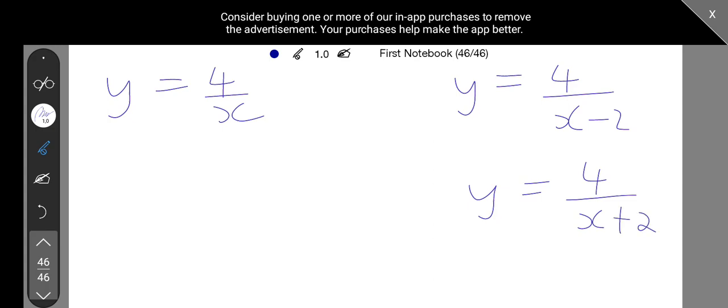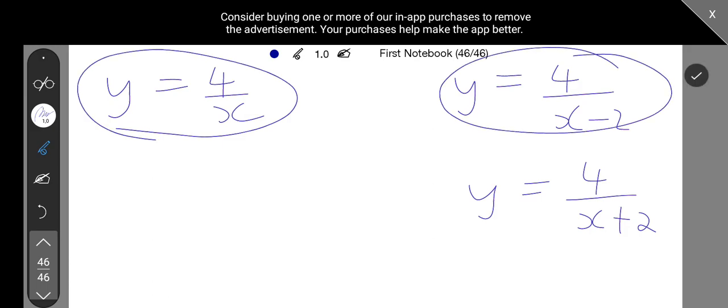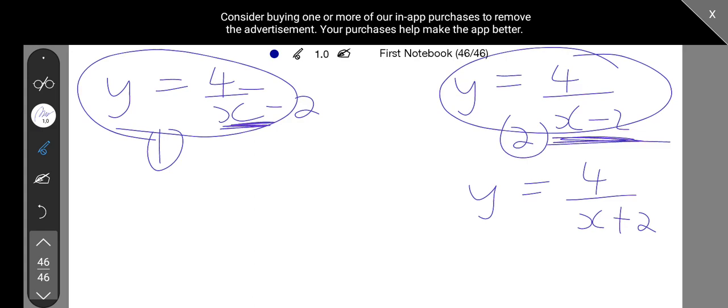What can you say about this graph in relation to this one? This one is the mother graph, the first case, and this one is the second case, the transformed one. Now check. We moved from x to x minus 2. This means we minus 2 from this graph to get this one.